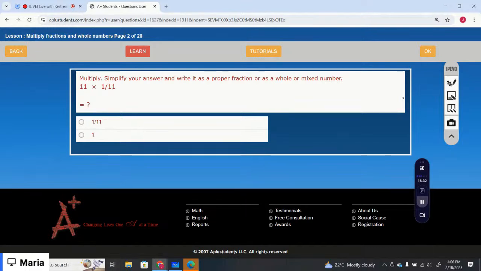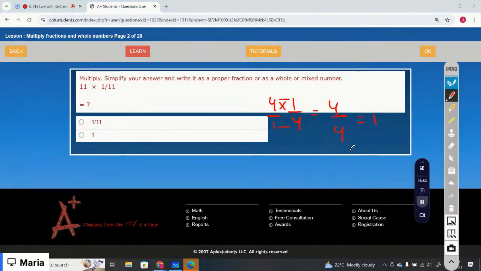11 times 1 over 11. So 11 times 1 is 11, 11 times 1 is 11, and 11 divided by 11 is 1.